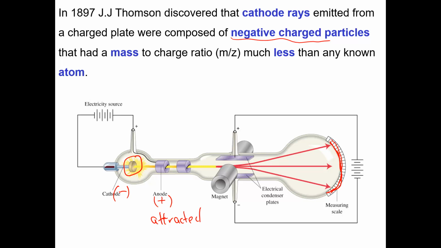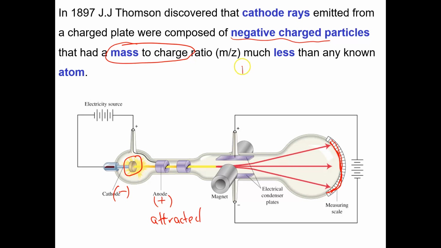He could bring magnets closer and further apart and again make them move around. He took careful measurements and was able to figure out that these cathode rays were composed of negatively charged particles with a mass to charge ratio a lot smaller than anything you would have observed for any known atom.